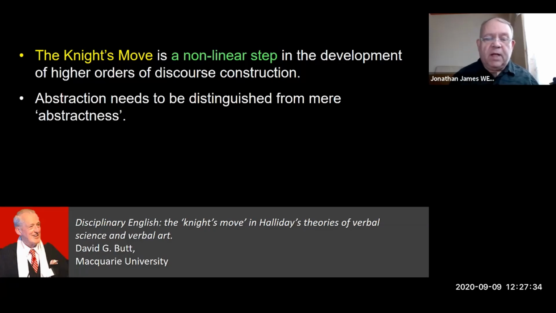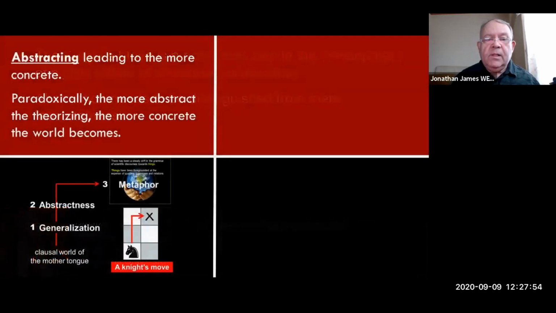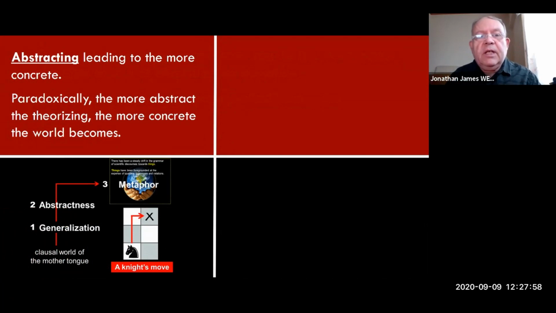But Professor David Butt from Macquarie University says this abstraction needs to be distinguished from mere abstractness. Do you know what that means? Abstraction needs to be distinguished from mere abstractness. Abstracting leads, in fact, to the more concrete. This is paradoxical.